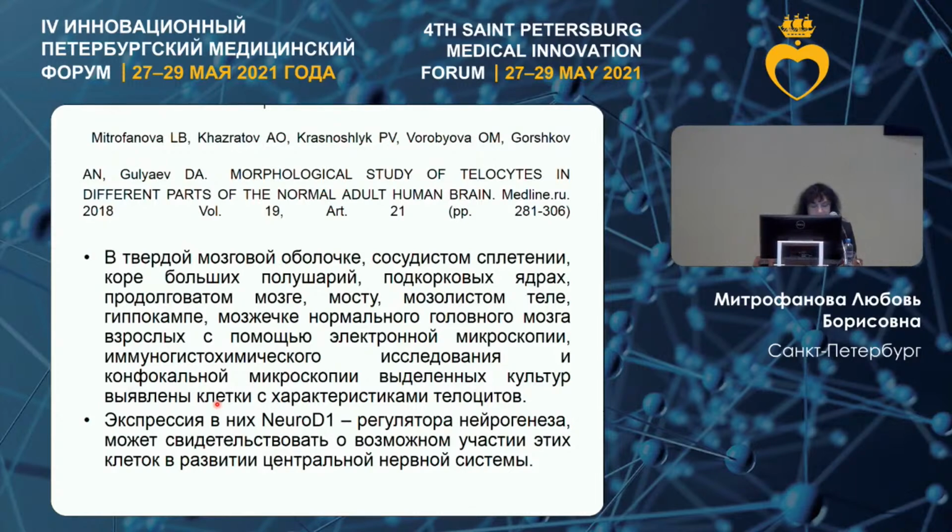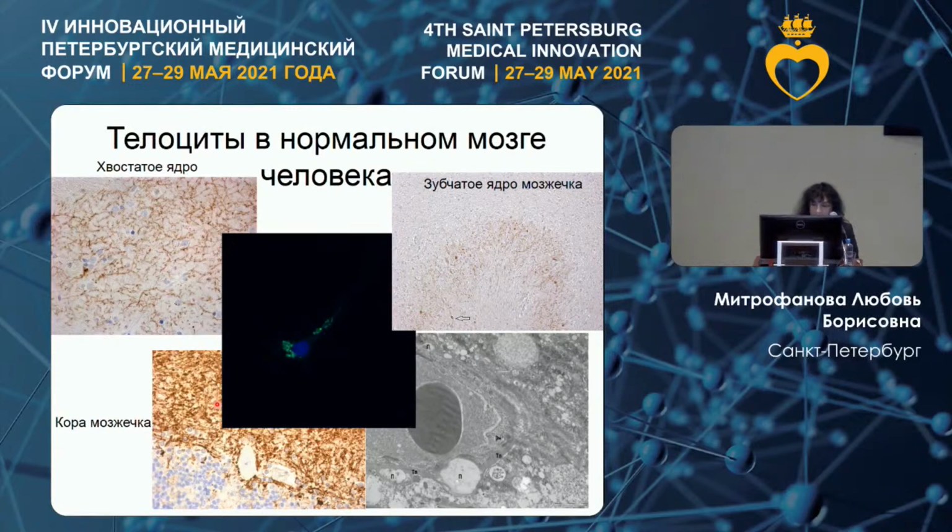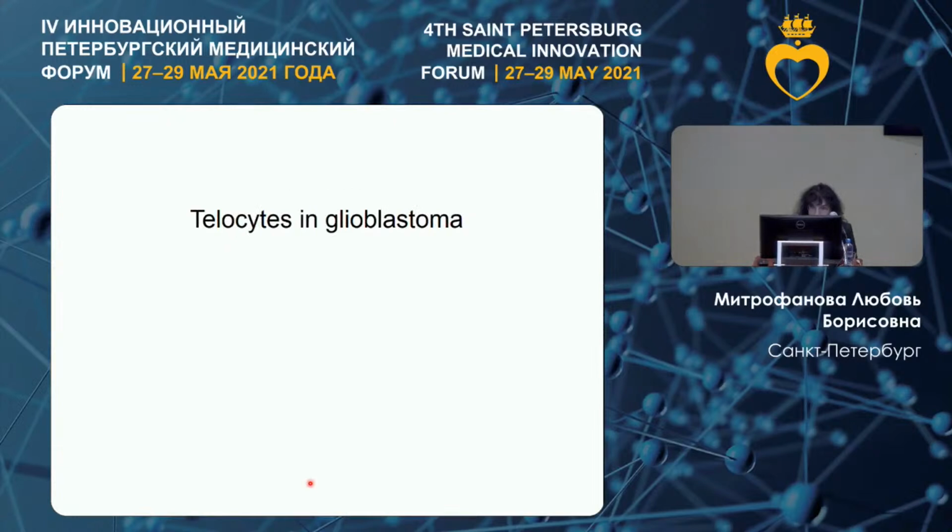And the telocytes of the brain had the neurogenesis factor that wasn't present in telocytes of the heart. It's a factor that regulates the development of the central nervous system as a whole. This is the quantity of telocytes, CD117.